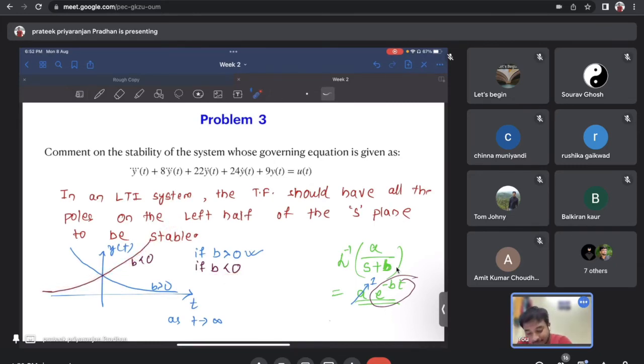So from s plus B, we get s equal to minus B. This should always be in the left half of the s plane. Otherwise, the system will be unstable. This is the only reason why, for a stable system, all the poles should be on the left half of the s plane. Am I clear?